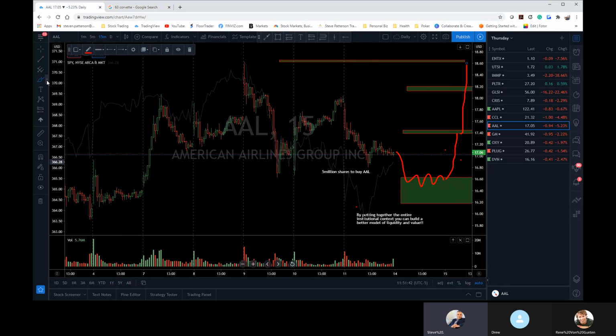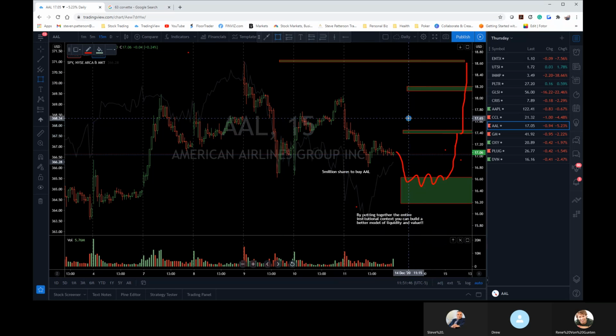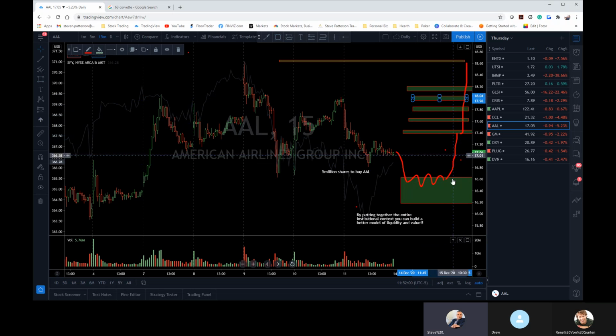But what if there was a bunch of liquidity in here? If there's a lot of liquidity in here, it's going to take longer to get there and probably exhaust most of those 50 buyers that were down here. Does that make sense?